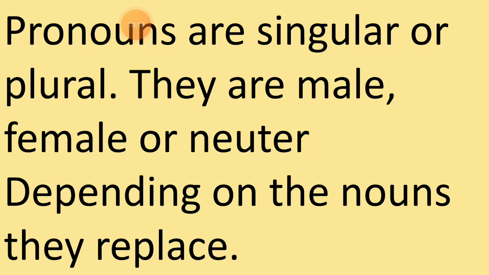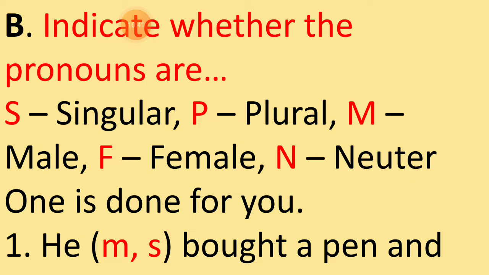For example, in the passage there was the noun donkey. So which pronoun did we replace the word donkey with? It. Okay. So this way we have to remember that pronouns are singular or plural and they are male, female or neuter depending on the nouns they replace.